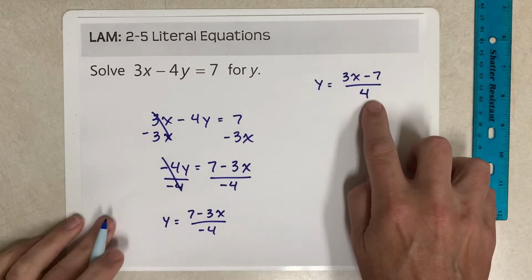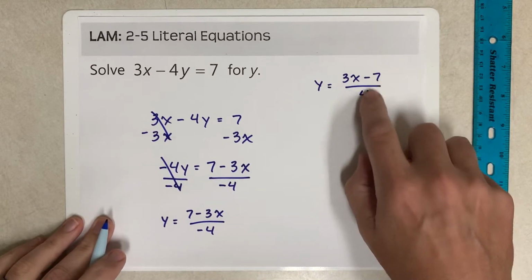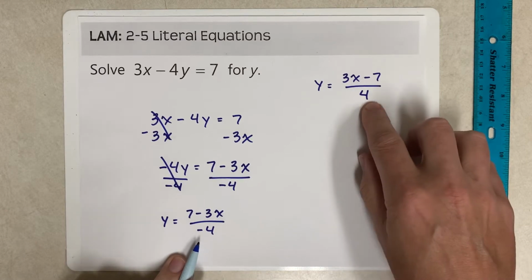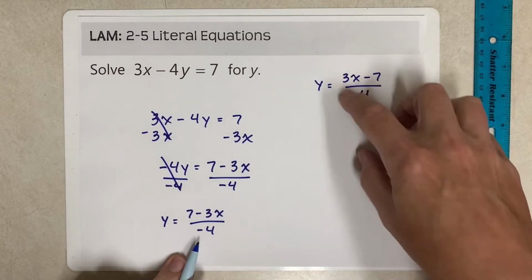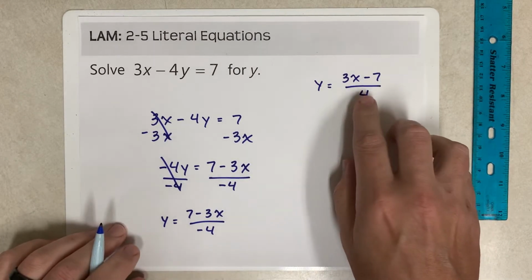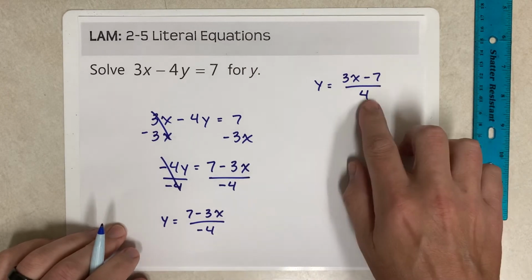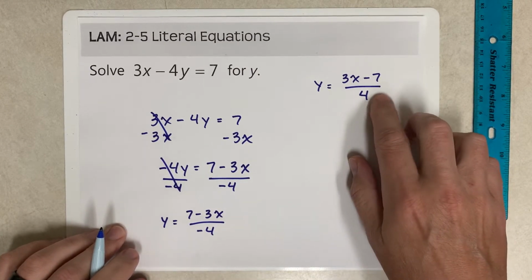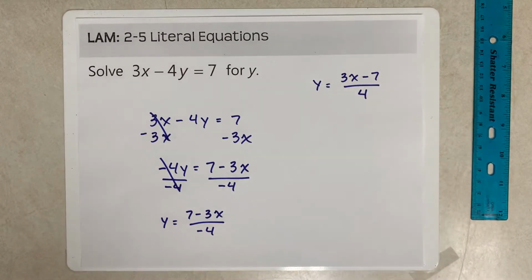That's actually a better answer because there's one less negative in the whole thing, even though these two answers are the same thing. They're equivalent. This answer is a little bit better. But at this level, nobody's going to expect you to be able to do things like this right from the start. So either answer is fine. But in the back of a textbook, that's probably the one they would put in there.